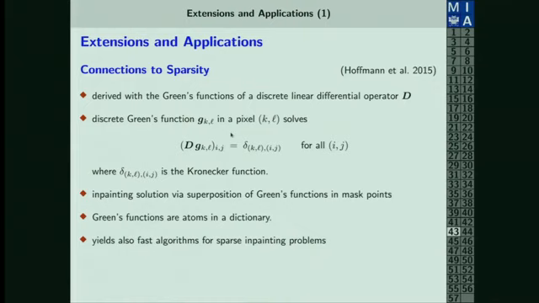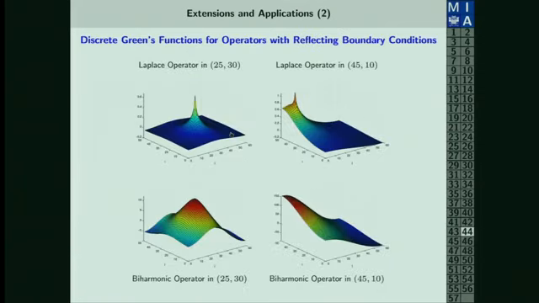So it's closely connected to sparsity. Your specific atoms are the Green's functions. And depending on which operator you choose, they look quite differently. So for instance, with a Laplacian, you get Green's functions which have a logarithmic singularity here. That's in the center of your image domain, and if you go more towards the boundaries, it's a bit distorted, but the singularity remains.